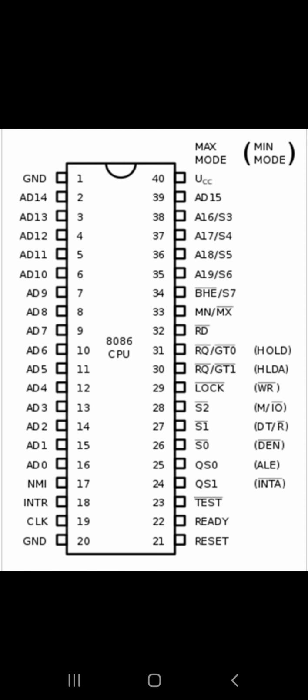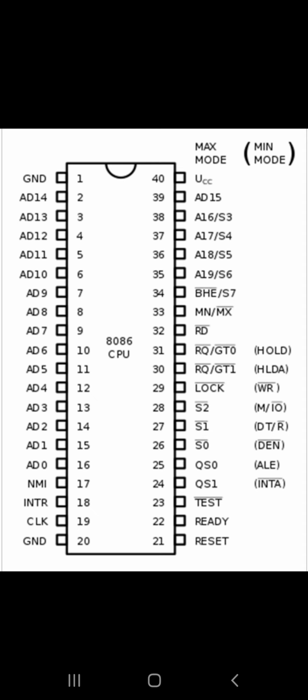If the ALE pin is 1, that means the address latch enable pin of this 8086 is on. That means the address bus is on. That means the AD0 to AD15 pins will work as A0 to A15 pins, right? Along with these 16 pins, there are 4 more address lines, A16 to A19.